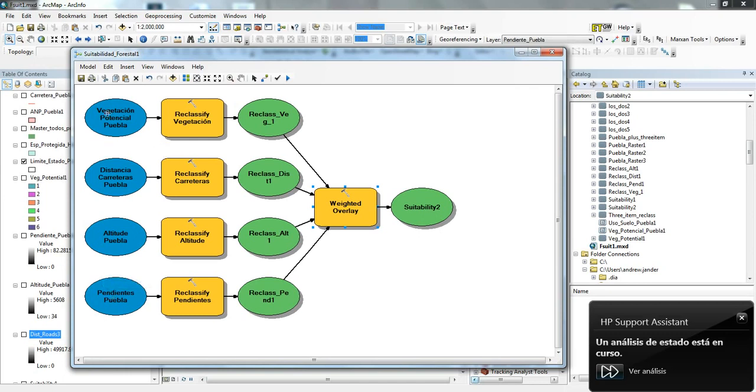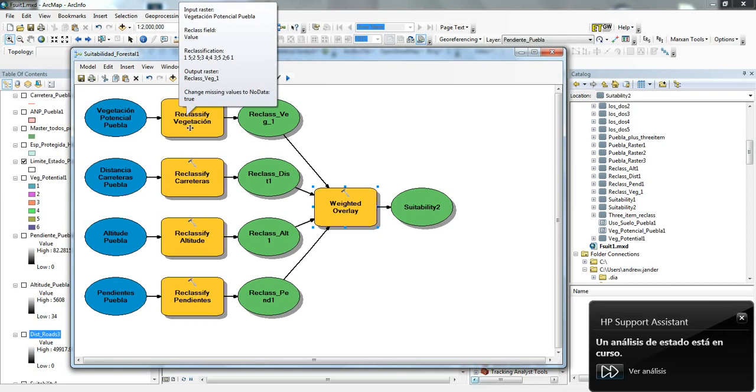And then what you have to do is look at all of these in the same frame of reference, as far as a value. The tool that helps you do that is the Reclassify tool.